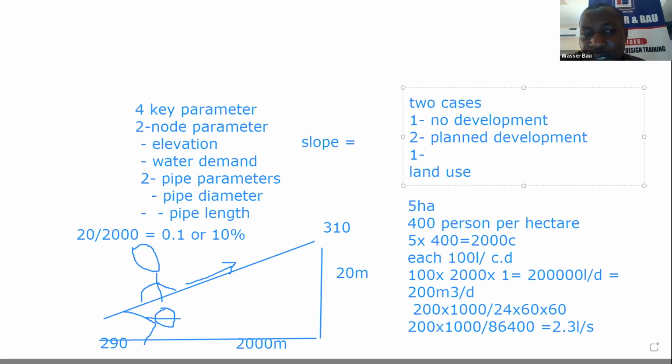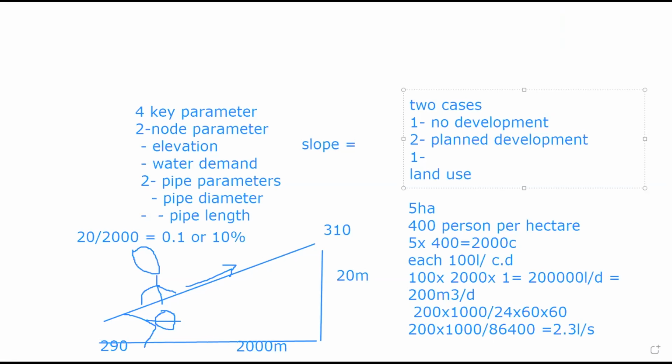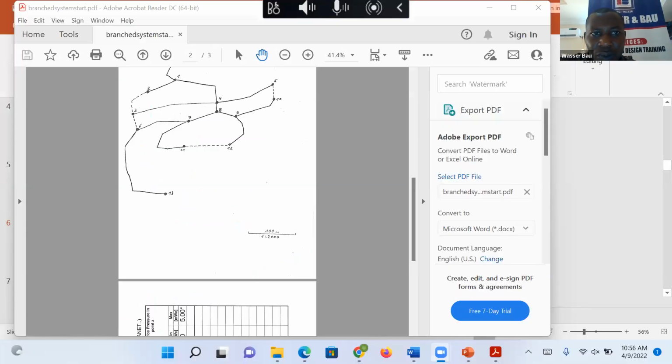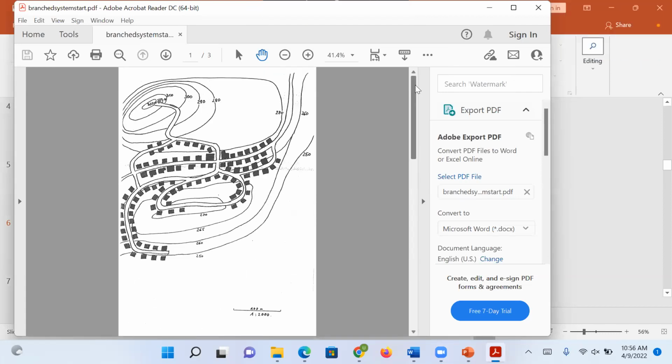So this becomes the demand at node 13. What I need to do now is to establish the demand for one house. There are houses connected to node 13. This is the most difficult place for a lot of engineers, and this is why we are doing this training.